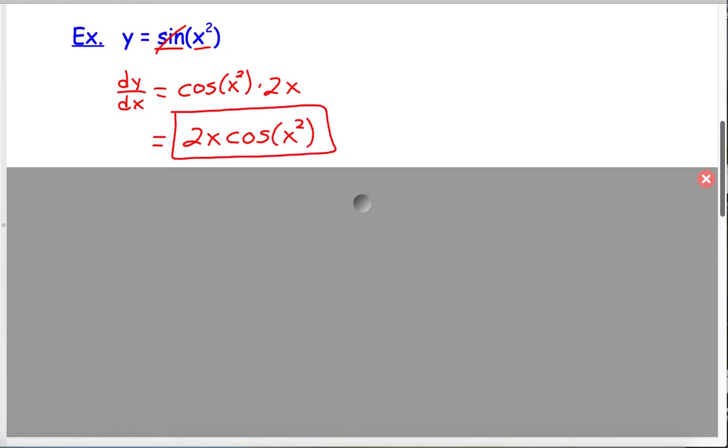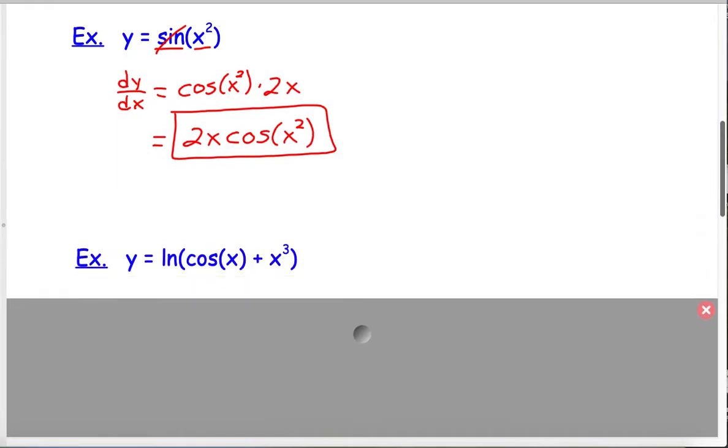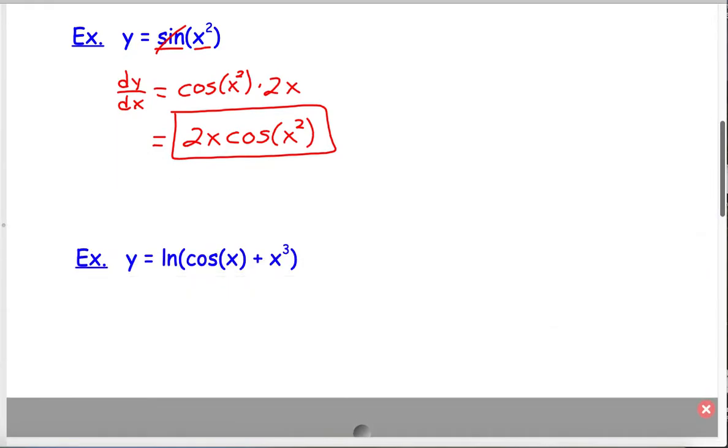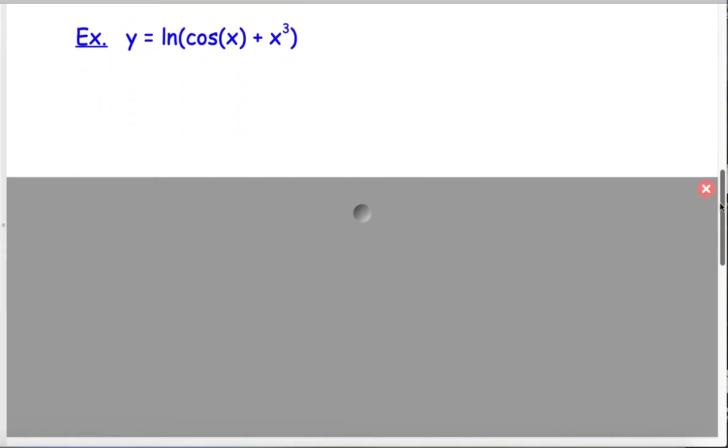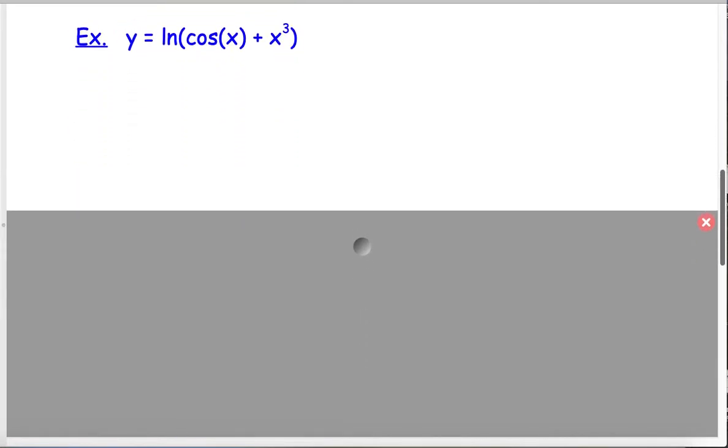And there's your derivative. So the chain rule is a very, very powerful tool when you have more complicated functions, especially when you look at them as a composition. So when you look at this, what do you see? We've got the natural log of something, and then within that, we have a cosine plus an x cubed. So let's start with the derivative of the natural log of something.